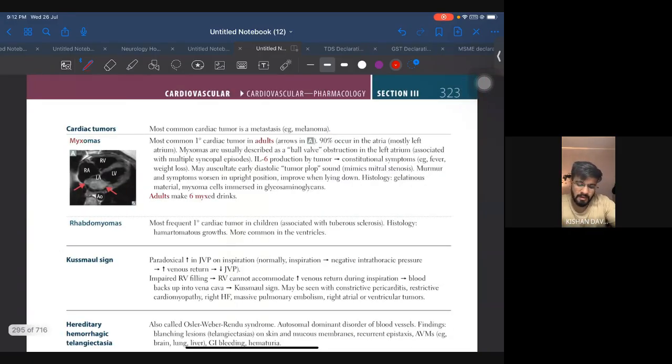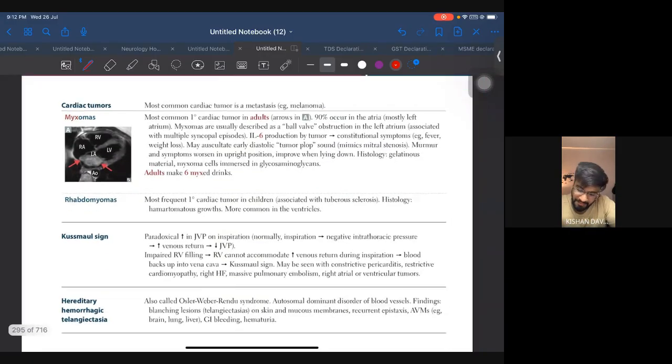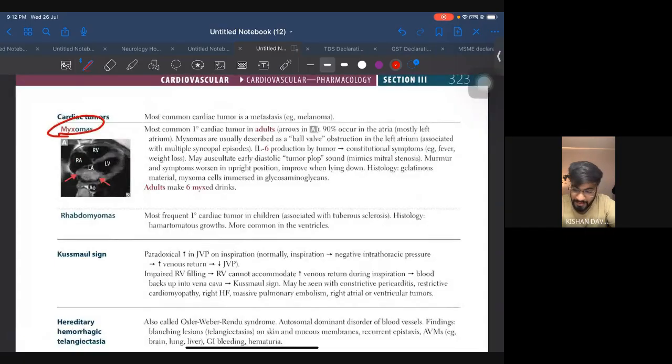Alright, let's see what is given ahead. We have tumors. So in tumors, you have to remember myxomas. You will have so many questions. Most common cardiac tumor is metastasis. Myxoma is the most common primary cardiac tumor in adults, 90% in the atria. Myxoma is usually described as a ball valve obstruction in the left atrium. Left atrium is important.